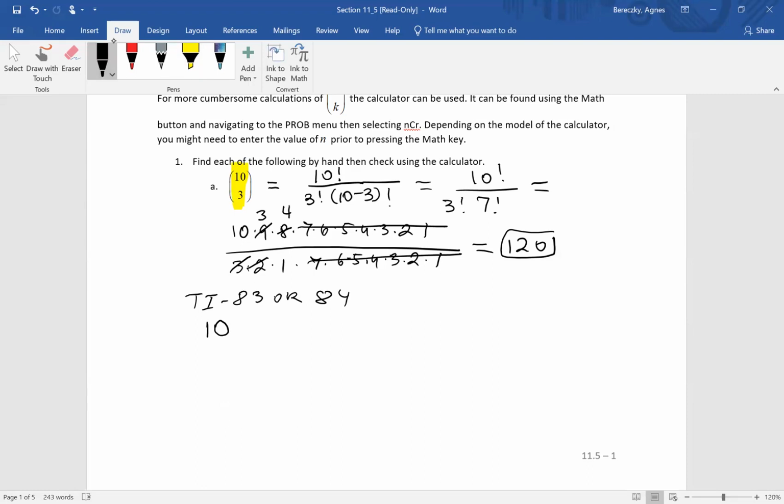Then find the math button, and with the arrow, move to PRB, probability, and then move down to the third option, which is the combination nCr. Then hit enter, type the number 3, and hit enter again.